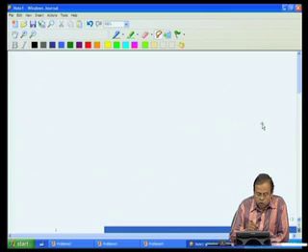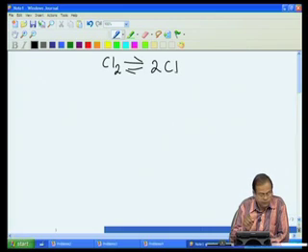So, let us start by deriving the rate expressions for the respective mechanisms. Our first mechanism is as follows: Cl2 gives rise to 2Cl. Let us call the forward rate constant of this k plus 1 and the reverse one k minus 1. So, that is step 1.